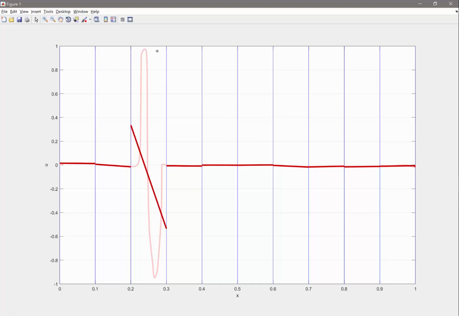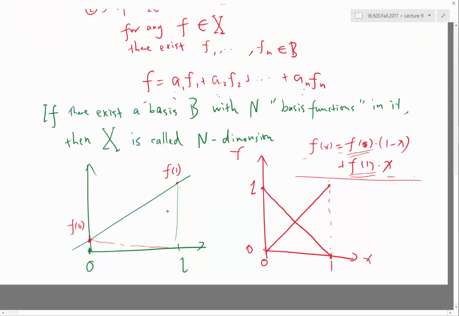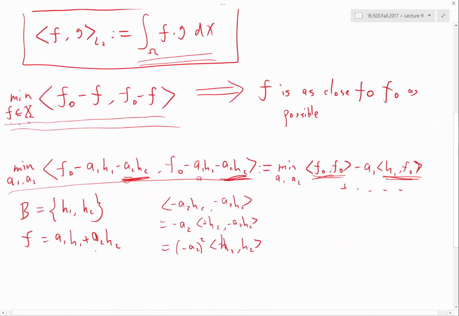And you can imagine by doing linear combinations of these functions, you can get to this function. Solving this minimization problem is just figuring out what a1 and a2 give me the closest function to whatever I draw. Okay, so this is the idea of finite element.